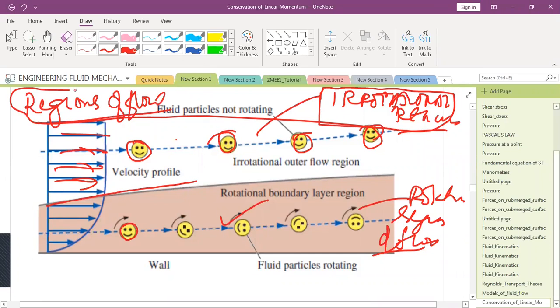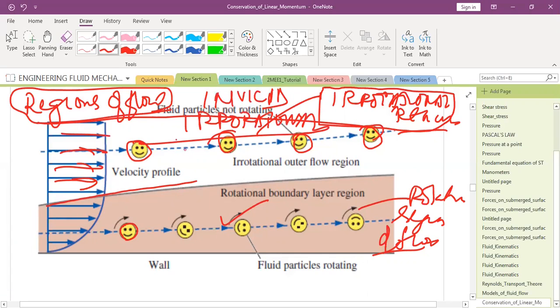We don't assign properties to the fluid itself. We cannot say this is irrotational fluid. It does not mean anything. Likewise, we cannot say it is inviscid fluid. It does not make any sense. You need to identify the regions in space or in the flow field that you can call inviscid or irrotational.